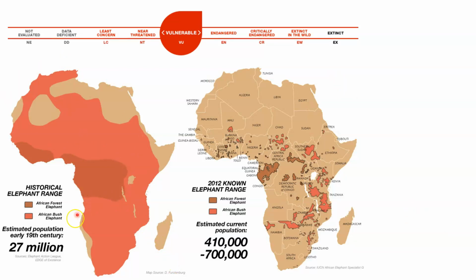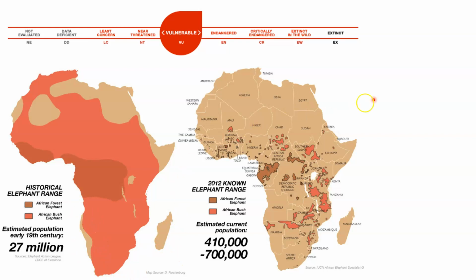The healthiest populations occur in sub-Saharan Africa and Eastern Africa. Here you have the savanna environment, and over here largely the desert type environment. Around here, on the coast, you also have some of the desert elephant populations.